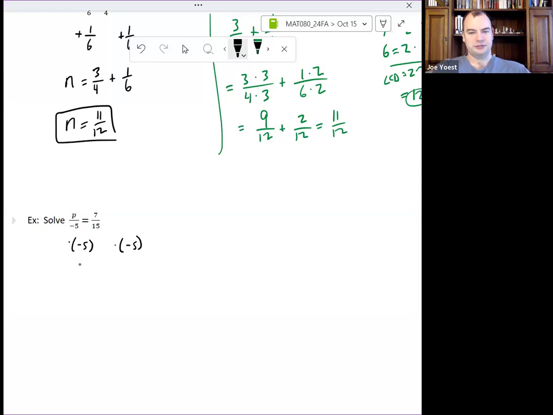P divided by -5 times -5, those divide out, leaving me with just p on the left. And on the right, I have 7/15 times -5. Now again, let's take this off to the side over here.